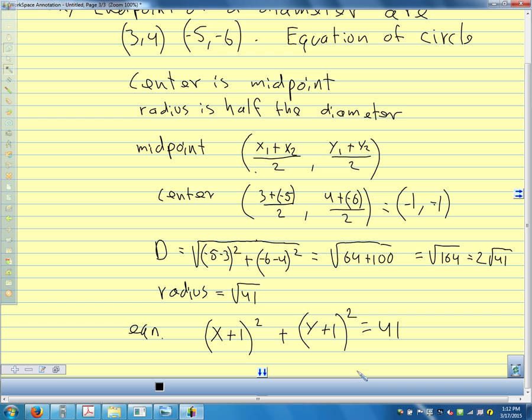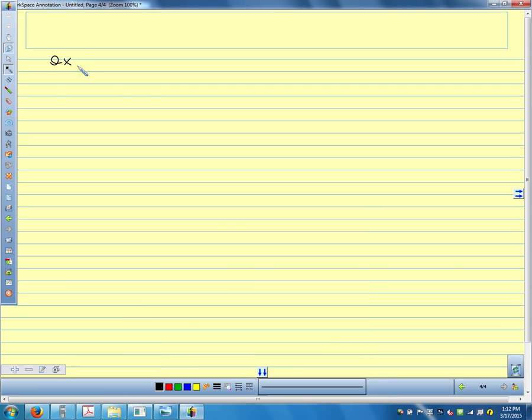All right, questions there? All right, let's look at another example. This one's my favorite. We get a visit from an old friend in this problem.